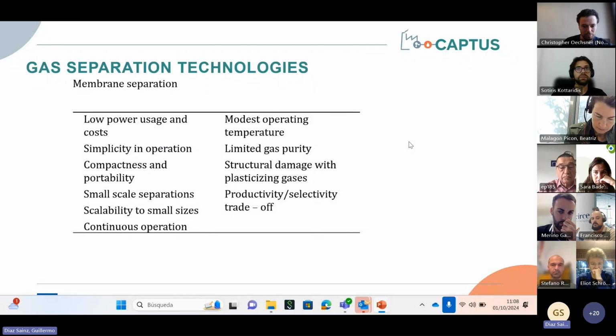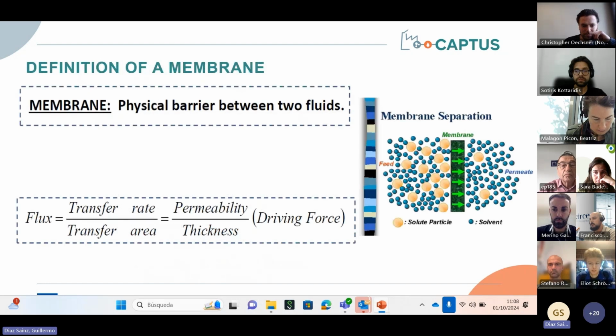In this sense, membrane technology is preferred for modest product purity requirements and small-scale operations. What is a membrane? A classical definition is that it is a selective barrier that allows certain particles, ions, or molecules to pass through, blocking others.